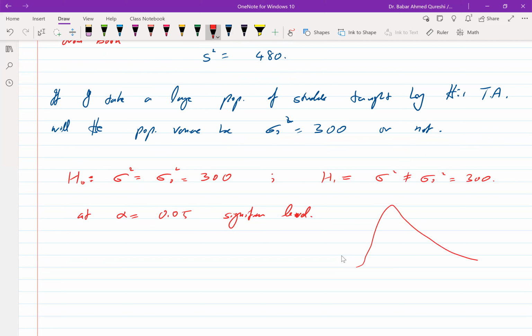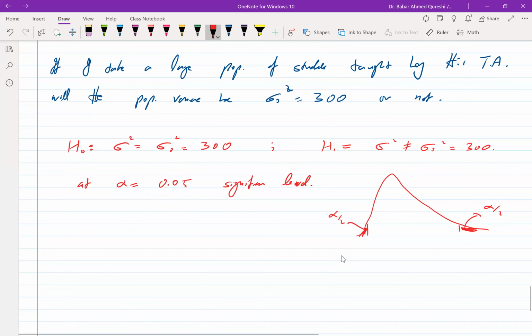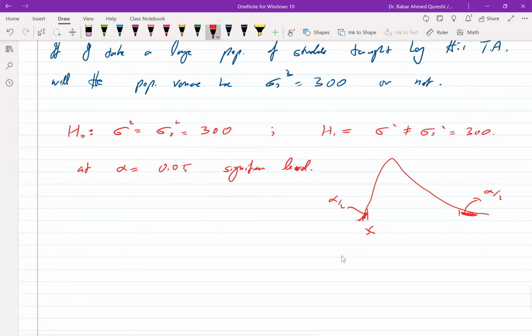So I'm going to divide the significance in these two regions and compute these numbers. Chi 29, what I had been calling 1 minus 0.025, and chi 29, 0.025.